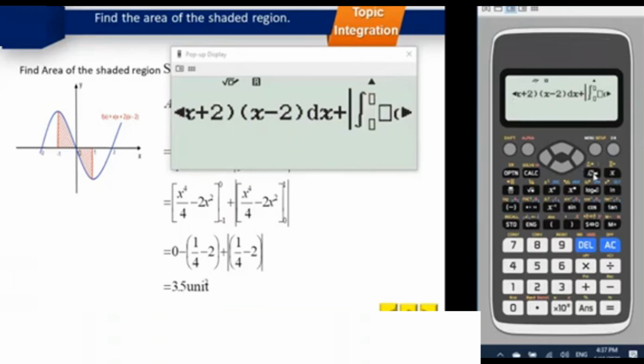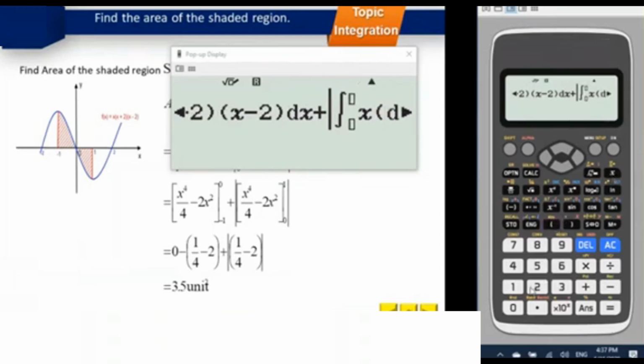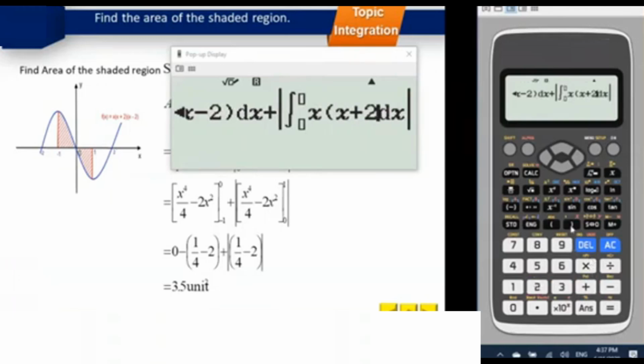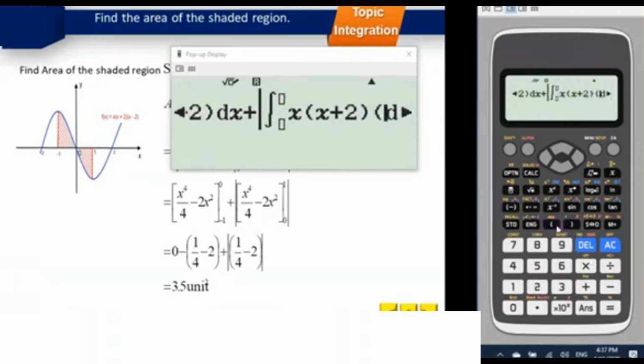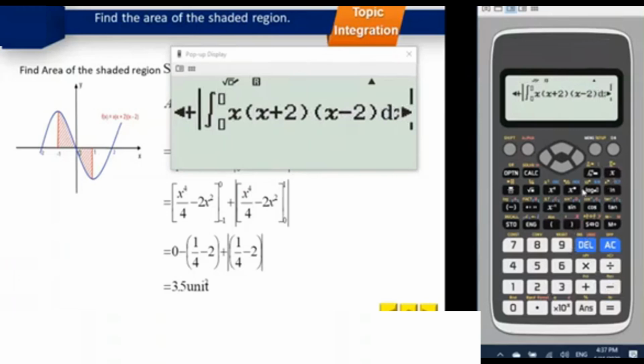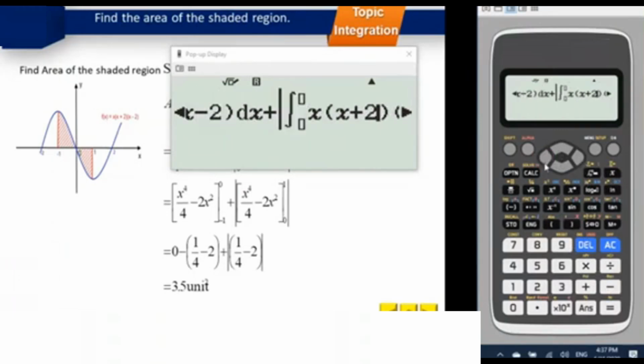You will write the integral and you will repeat the equation x bracket open x plus 2 bracket close bracket open x minus 2 bracket close, and you will go back, scroll up.